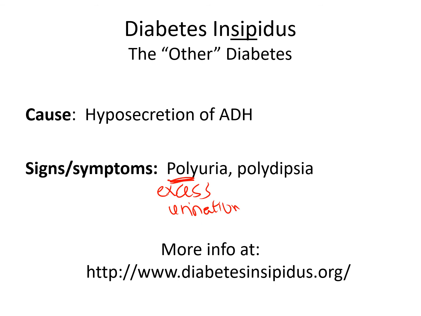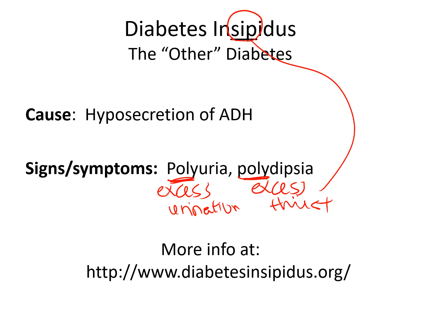What about polydipsia? There's that prefix again. This time it's excess thirst. Notice, no problem here with sugar, no problem here with insulin, and this condition, diabetes insipidus, will make you thirsty. So I remind myself that you would be sipping because you're thirsty, okay?